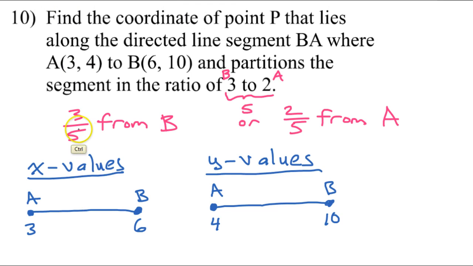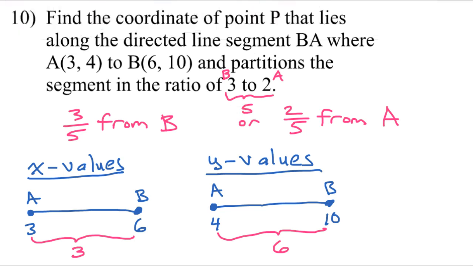Okay, we're going to go 3/5 of the way from B or 2/5 of the way from A. So we need to know how long the whole way is. So just like last time, from 3 to 6, that is a distance of 3. And from 4 to 10, that is a distance of 6.